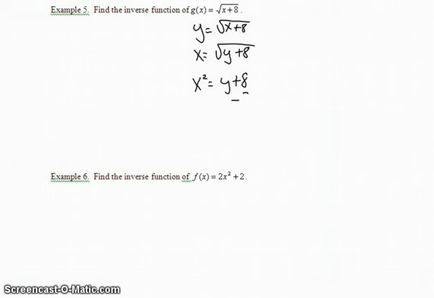Then I'm going to subtract 8 from both sides. x squared minus 8 equals y. So the inverse of the function g is x squared minus 8. And you could do that composition of function to check your answer and make sure they result in x. I'd like you to do example 6 on your own tonight.